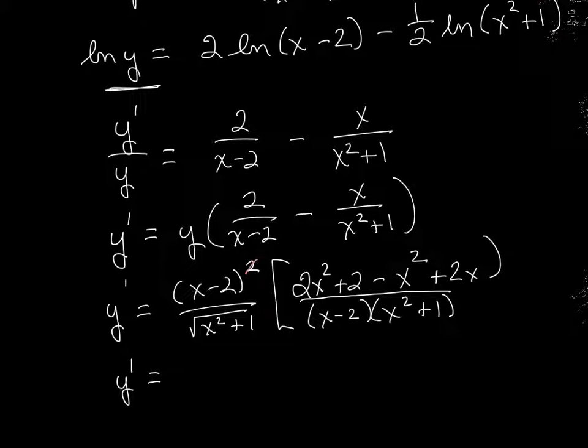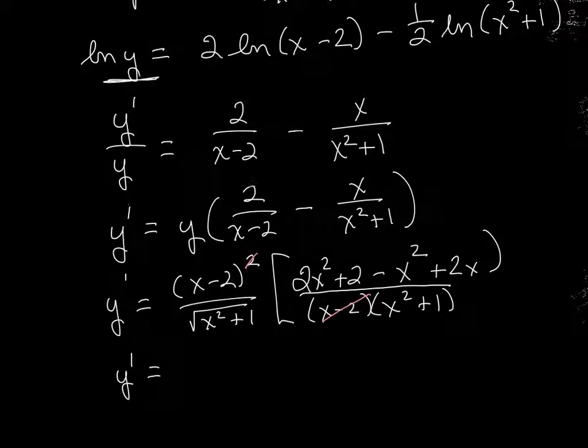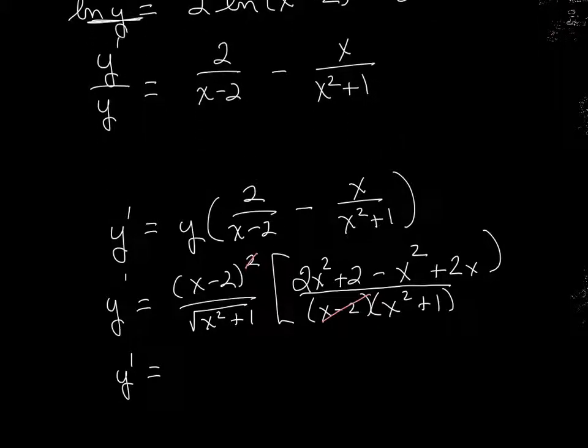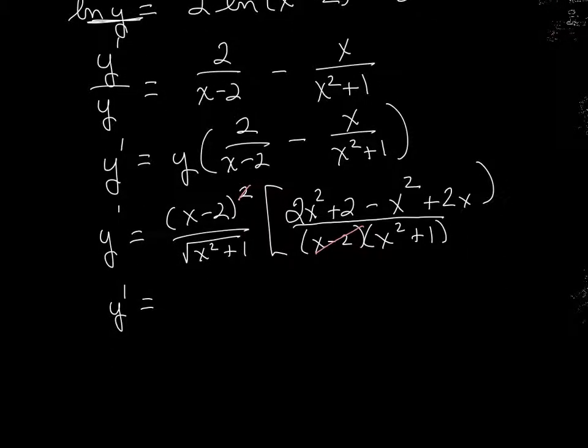Notice one of these cancels here because we are multiplying. We can do that. And we have now x minus 2 over x squared plus 1 to the 1/2 times x squared plus 1 is x squared plus 1 to the 3/2.